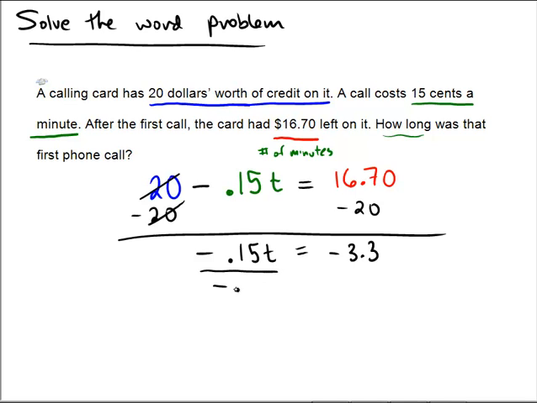Then we will divide both sides by negative 0.15, so that way I can cancel out these pieces, and I'm left with t equals negative 3.3 divided by negative 0.15, and that's 22.